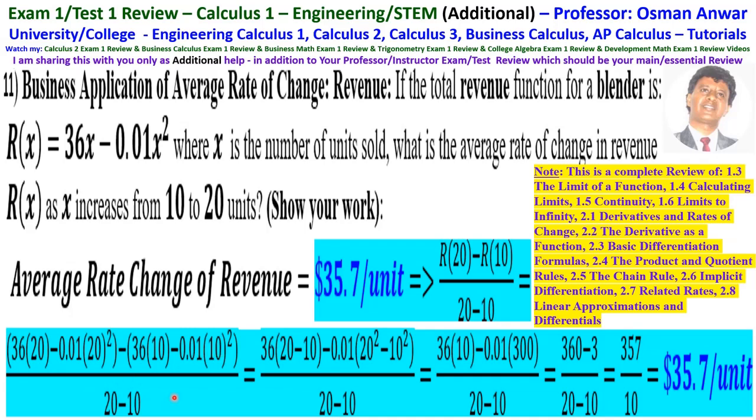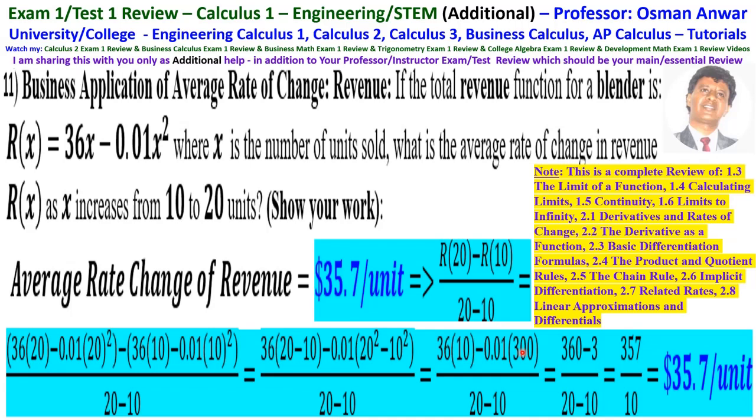Then this is 36 times 20 minus 10 minus 0.01 times 20 squared minus 10 squared, over 20 minus 10. Then this is equal to 36 times 10 minus 0.01 times 20 squared minus 10 squared, which is 400 minus 100, which is 300.